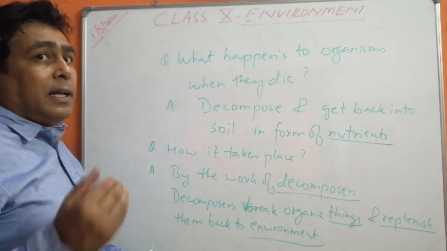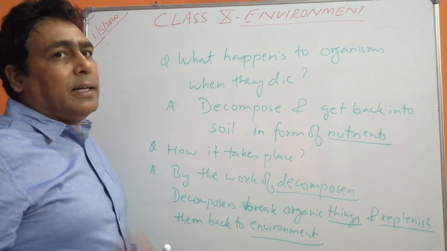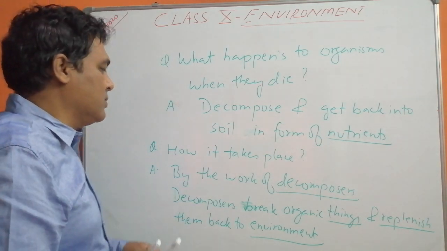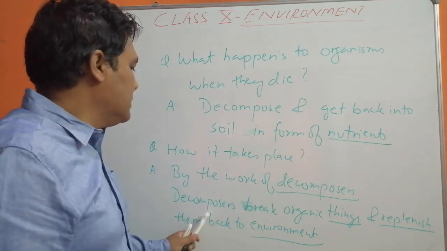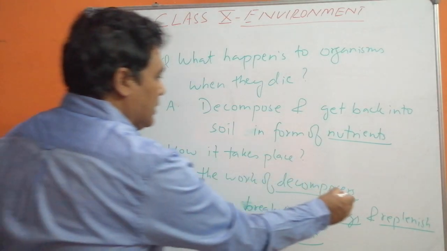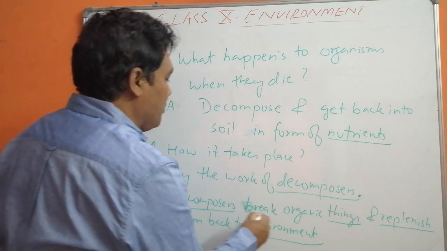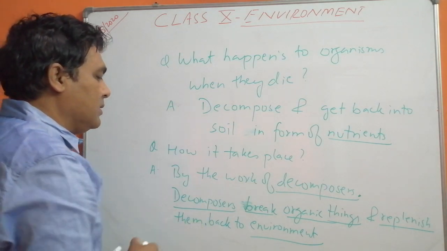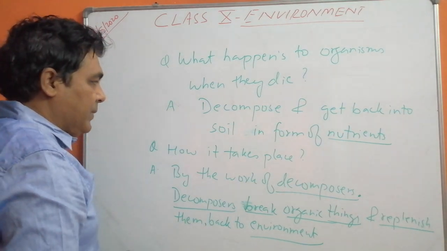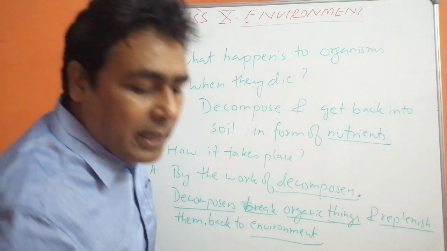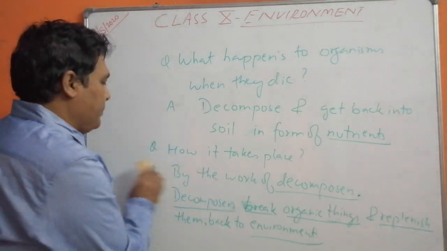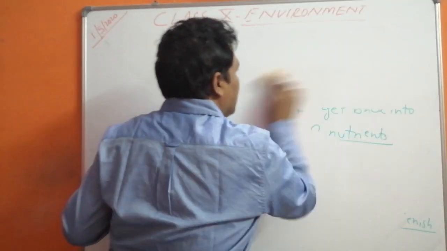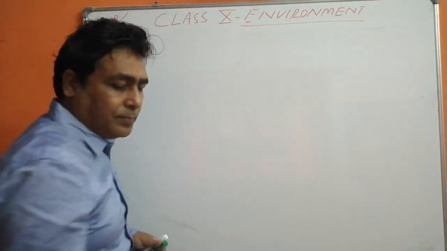So the decomposers have a very important place here. The decomposers can be as small as bacteria, fungi, etc. The decomposers break organic things and replenish them back into the environment or the soil. Decomposers are also important, but they are not given a place in the food chain because a food chain starts with the producers.